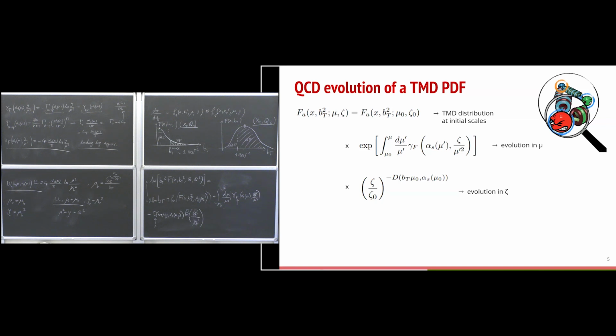Say it again? Alpha strong, you can leave it as it is for the moment, okay? But at some point we have to understand what alpha strong is, so that's going to be another story. So at this point, just plug in gamma f and let's see what happens.